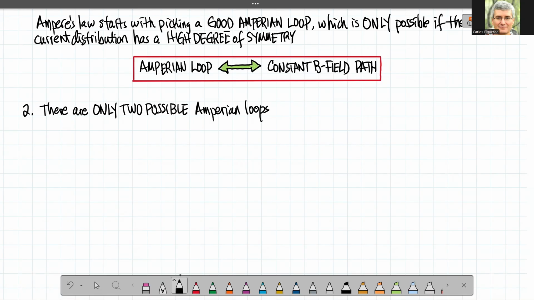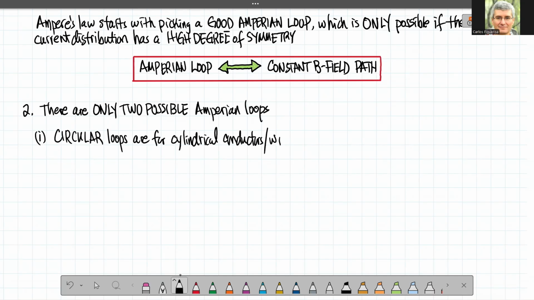So the first one is that circular loops are for cylindrical conductors slash wires and toroidal solenoids.